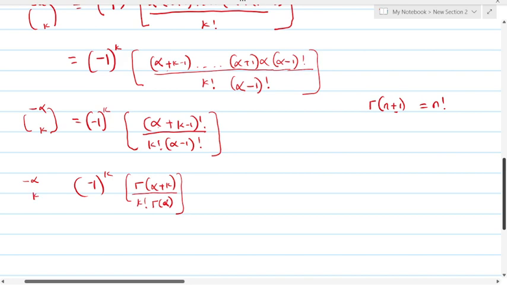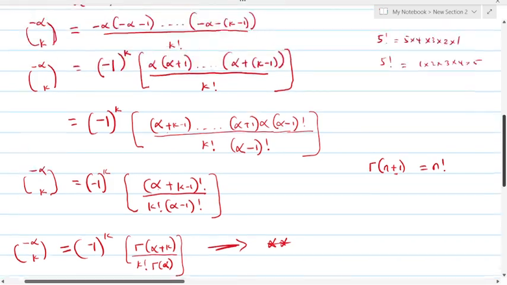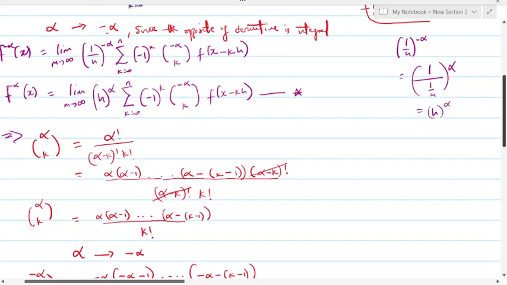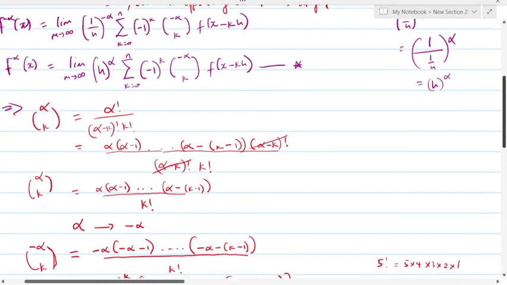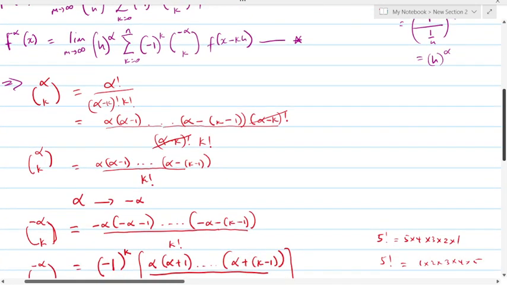So minus alpha combination k. Let's name this equation star star. Now going back to our equation star, we will substitute the result we have for our minus alpha combination into equation star.